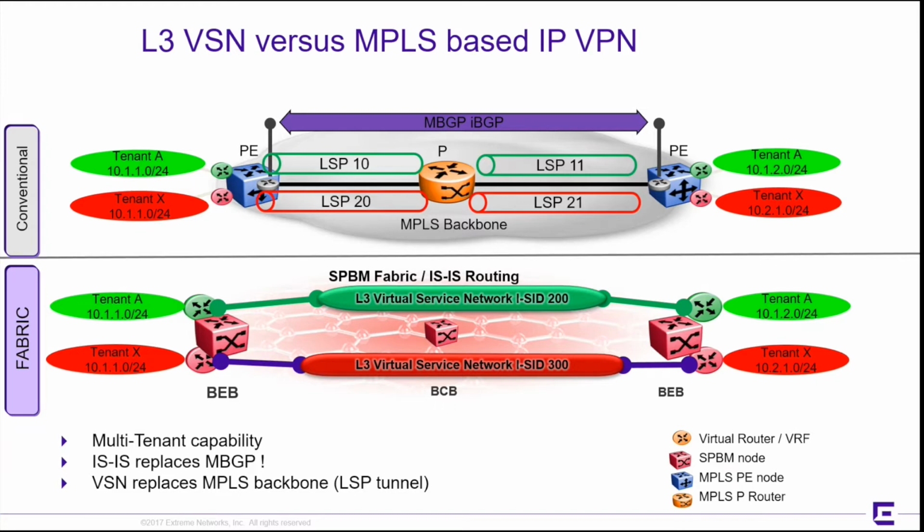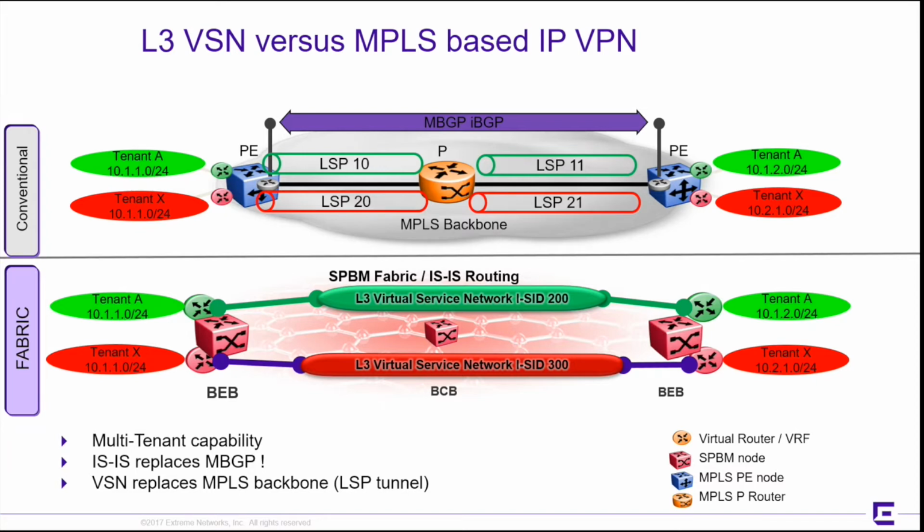If you look down towards the bottom of the slide, where we show Fabric Connect, we still give you that same service and security separation like you do up top, except we configure those services at the very edge. So you'll see tenant A is still part of green. They're combined together using an I-SID, in this scenario I-SID 200.